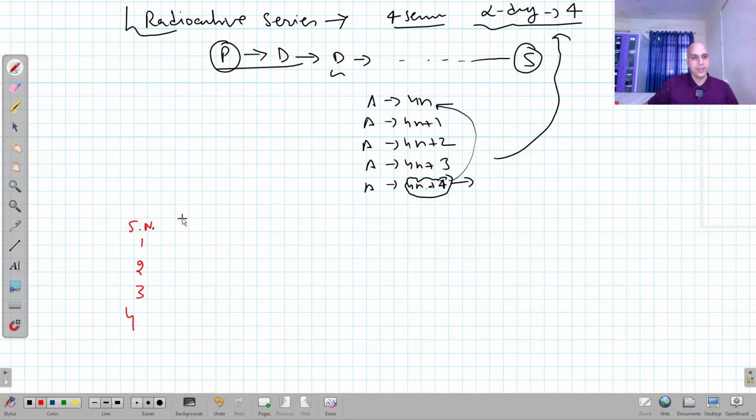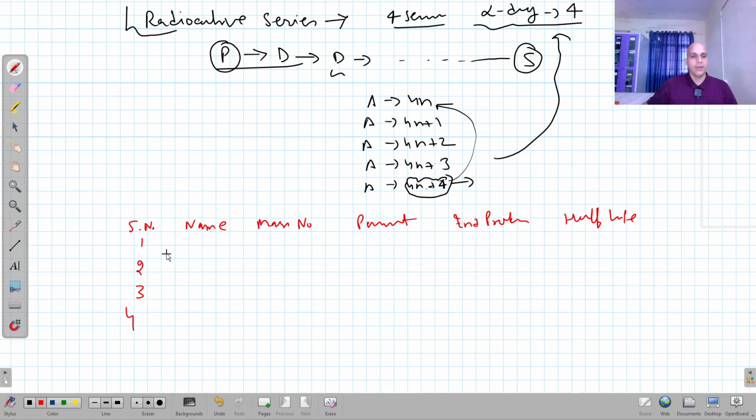Then the name of the series, mass number, parent, stable end product, and half-life.